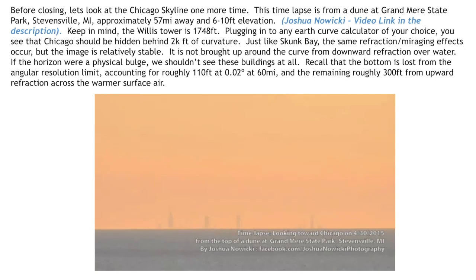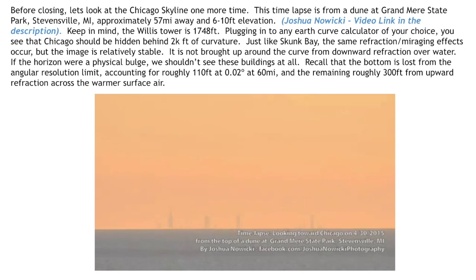all the buildings of Chicago should be hidden behind 2,000 feet worth of curvature, physical curvature. You should not be able to see them. Just like the Skunk Bay footage, the same refraction and miraging effects occur, but again, the image is relatively stable, as if you were just seeing it through wavy water, not that you are bringing this entire amount of imagery up behind a curve, nor that it is compressing and moving back down again at that rate.